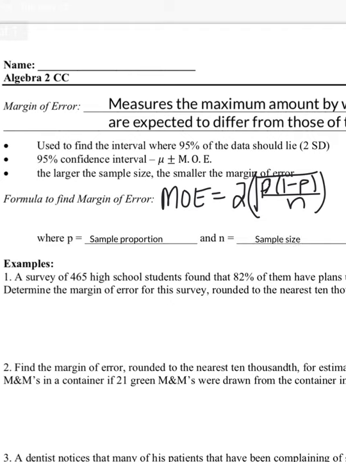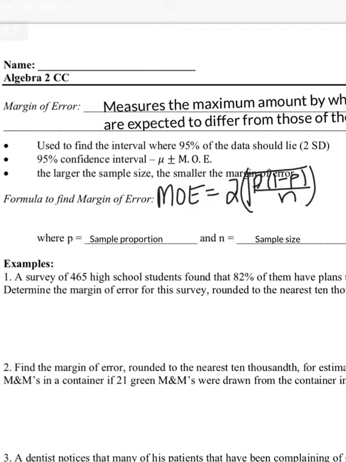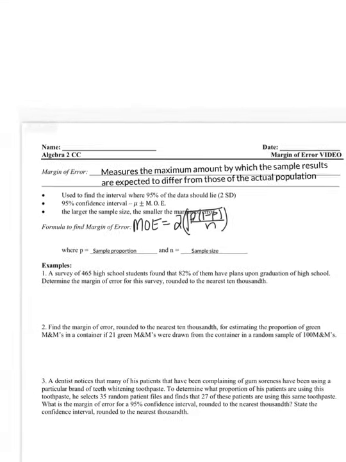So in this first example, a survey of 465 high school students found that 82% of them have plans upon graduation of high school. Determine the margin of error for this survey, round it to the nearest 10,000th. So this just wants the margin of error, it doesn't want the confidence interval.